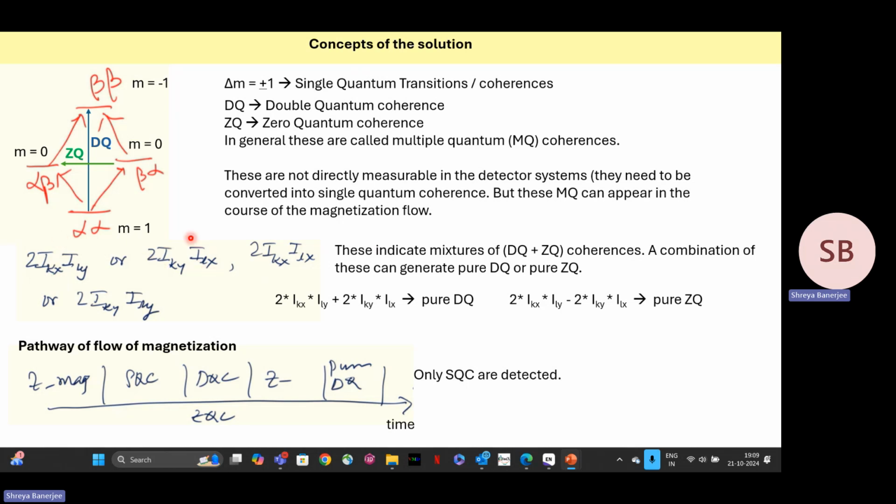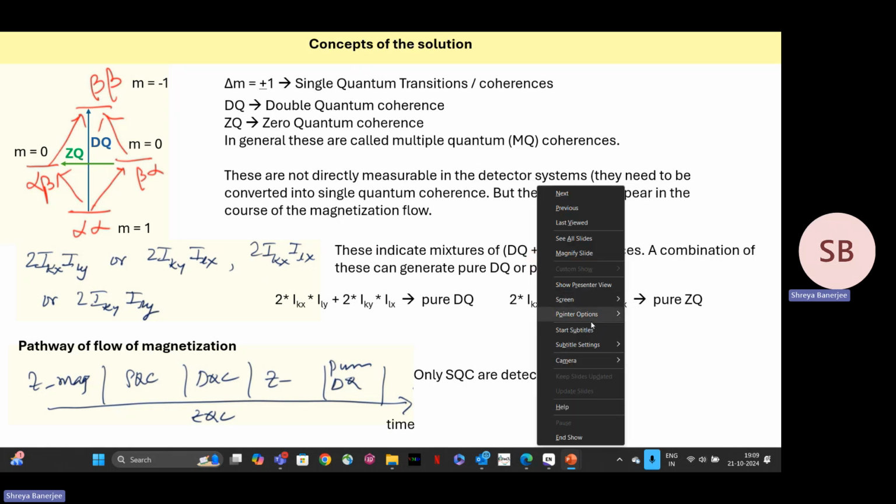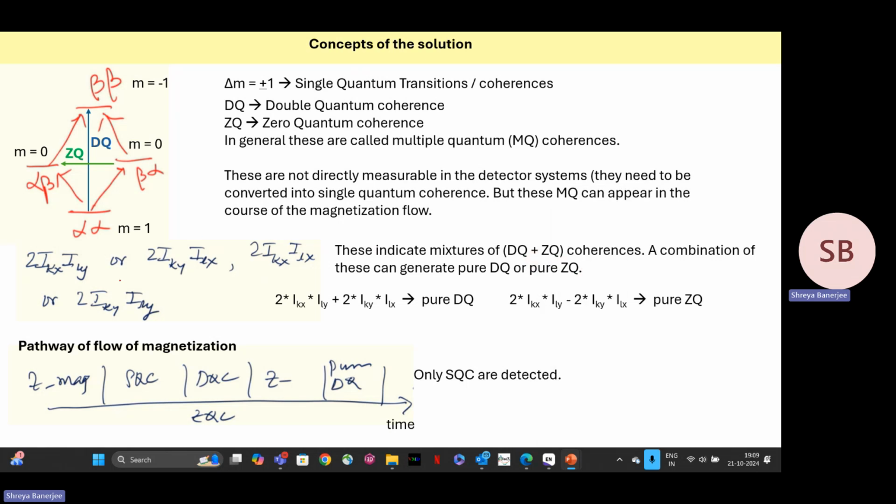But if you have two terms like 2 IKX IJX, that indicates a mixture of double quantum and zero quantum coherences. Terms like 2 IKY ILX, 2 IKY ILY are not directly observable because, in the flow of magnetization, you can only observe single quantum coherence.